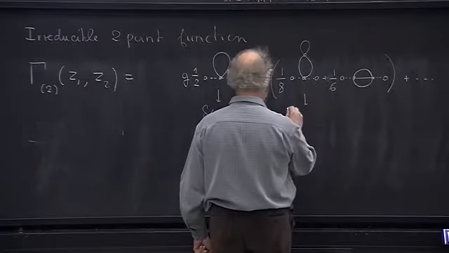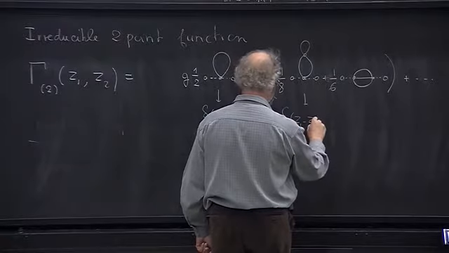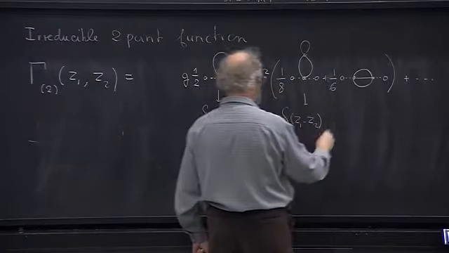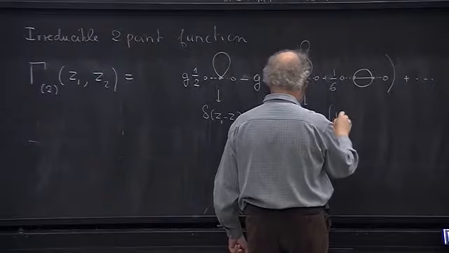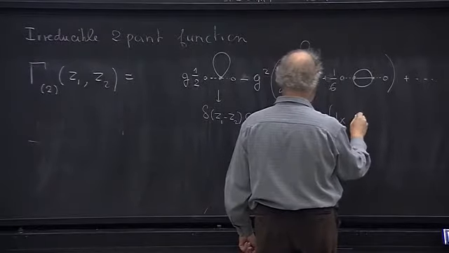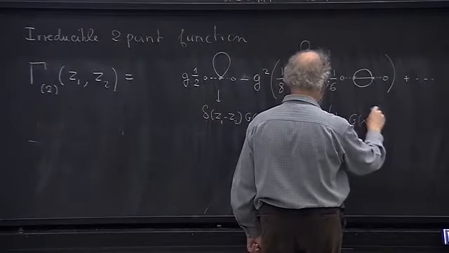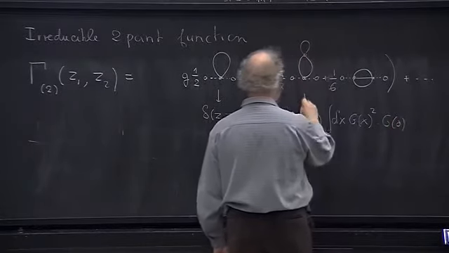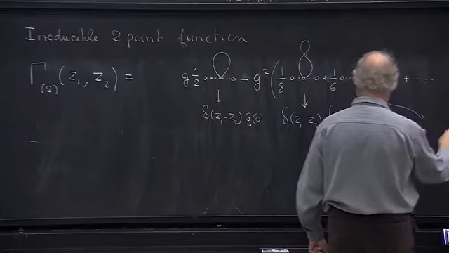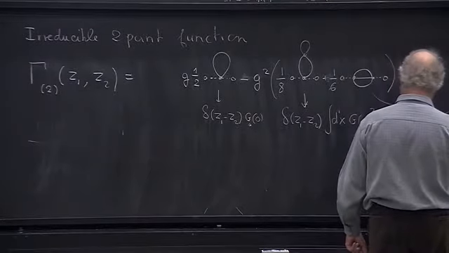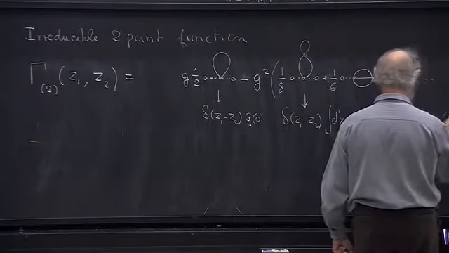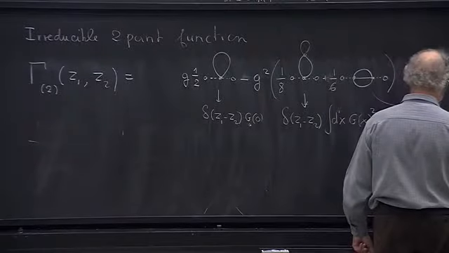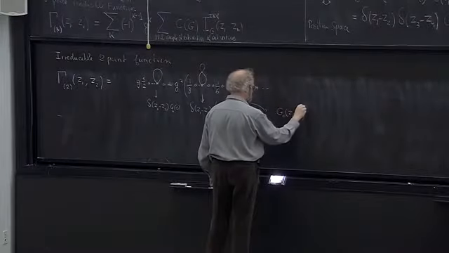This is delta of Z1 minus Z2 times the integral over x of G of x squared times G of 0 for this diagram. And for this diagram, this is G0 of Z1 minus Z2 to the power 3.